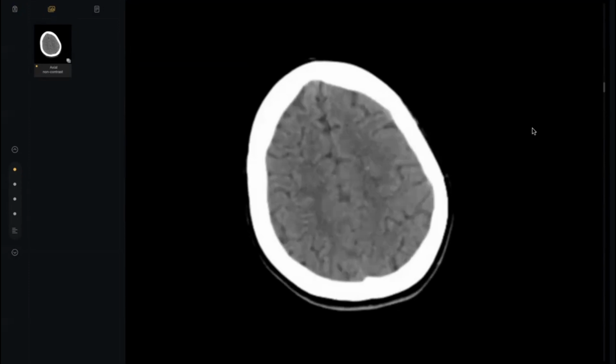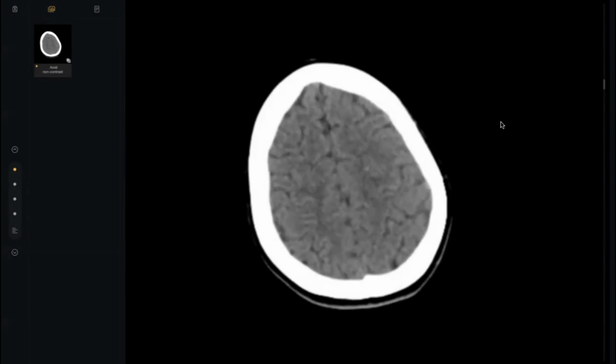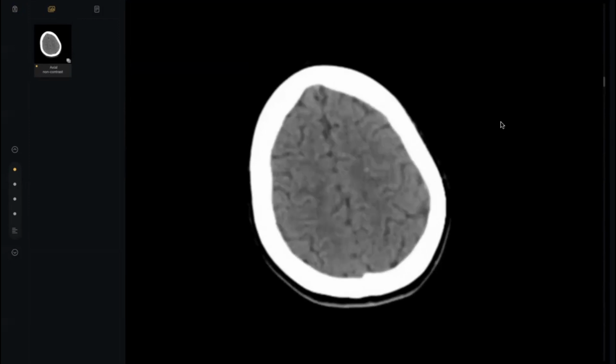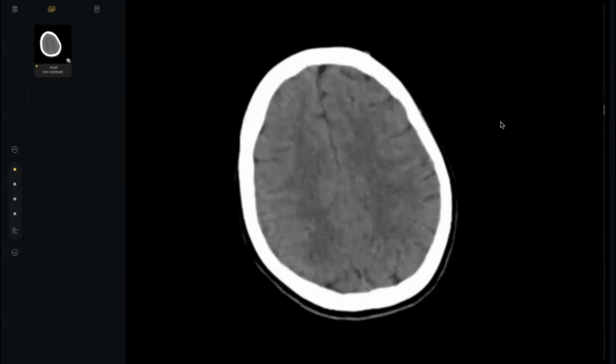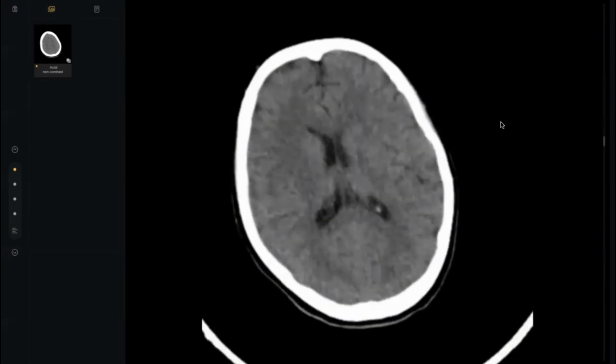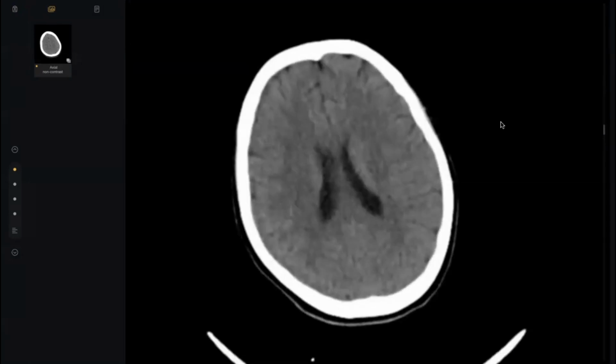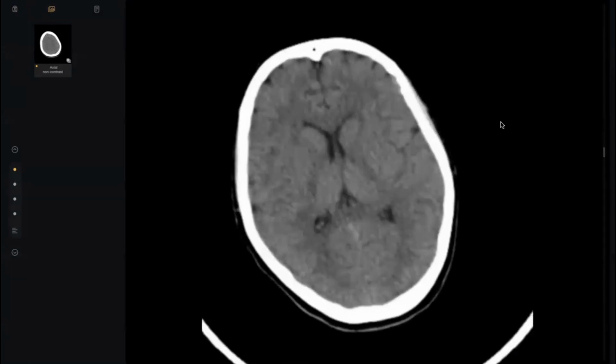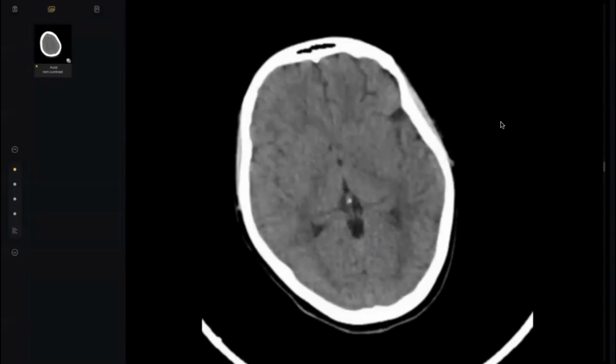These are non-contrast enhanced CT brain images in a 16-year-old female. I will take a moment to go through the entire stack.